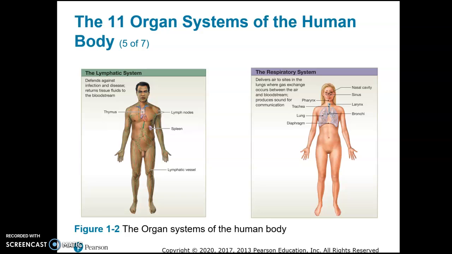The lymphatic system is going to be where we talk about immunity. But there are vessels in the lymphatic system. There are lymphatic vessels, just like in the cardiovascular system. They're just, instead of being blood vessels, they're lymphatic vessels, and they contain a fluid called lymph. And you've probably heard of your lymph nodes.